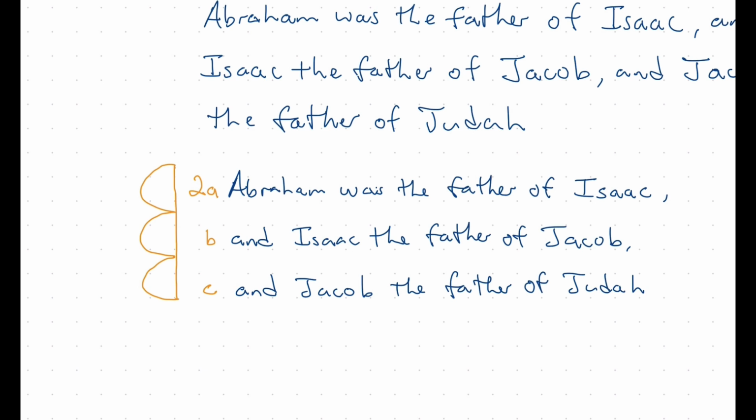The key word that we see is and. It does seem like each of these propositions is making its own independent contribution to the whole, that they're not in support of each other, they're coordinate with each other.